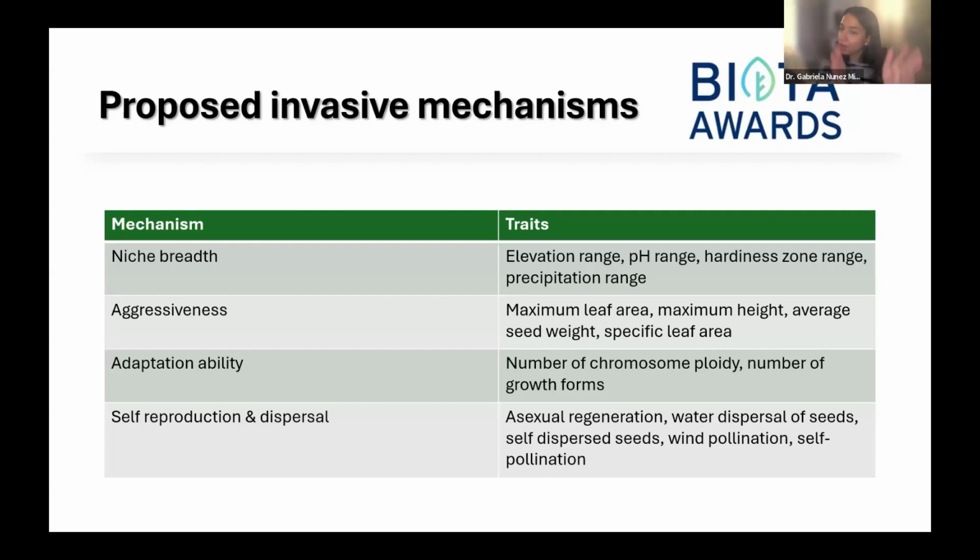So we thought of all these mechanisms and then the traits that we could use as proxies to indirectly test the role of each of those mechanisms on success in these different dimensions, specifically becoming more widespread at the macro scale.